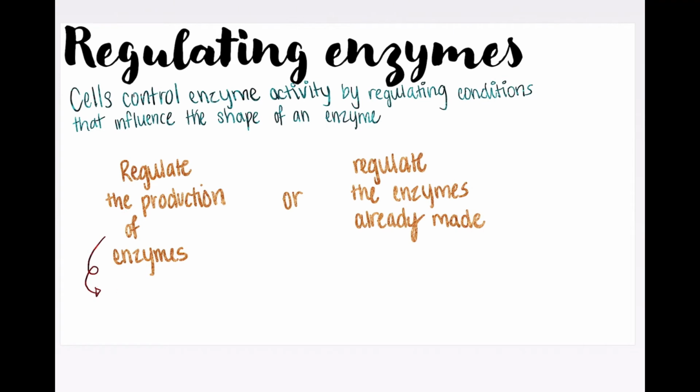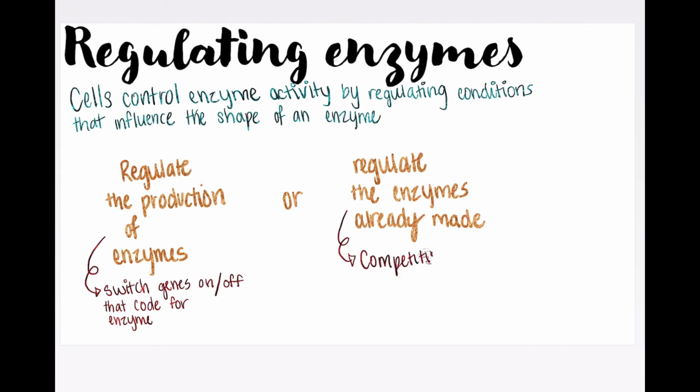The first way, regulating the production of enzymes, your cells can do by switching genes on and off that code for the production of those enzymes. By switching it on, they can increase the production of the enzymes that are needed. Switching it off cuts off the production of enzymes that are already there and we don't need any more.